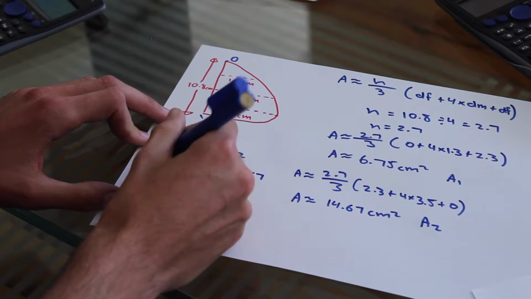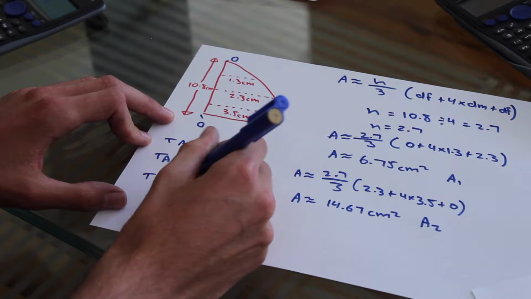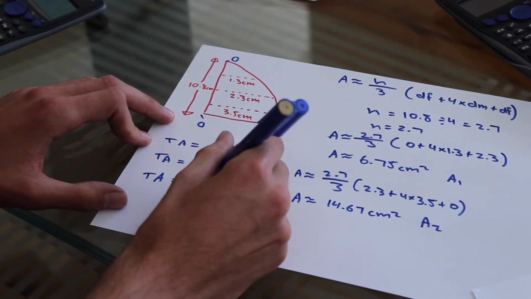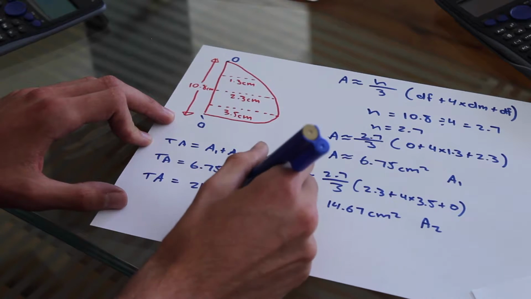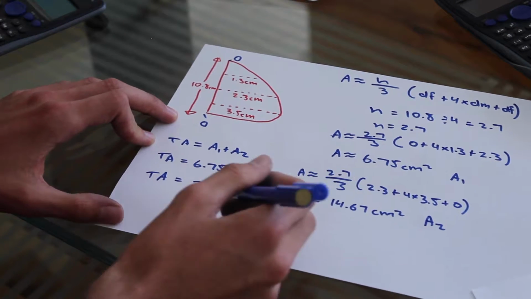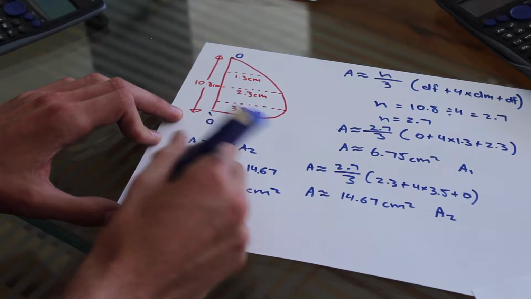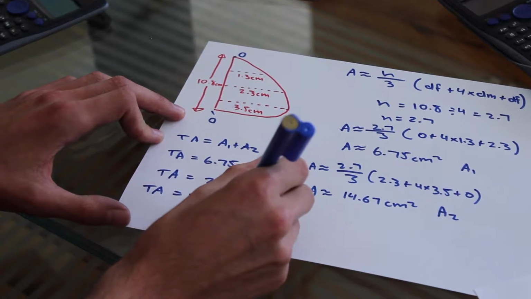Now, by adding those together, our total area will be 21.42 centimeters squared, and the question asks for 1 decimal place, so total area is equal to 21.4 centimeters squared.